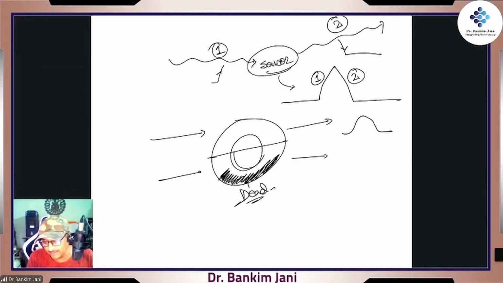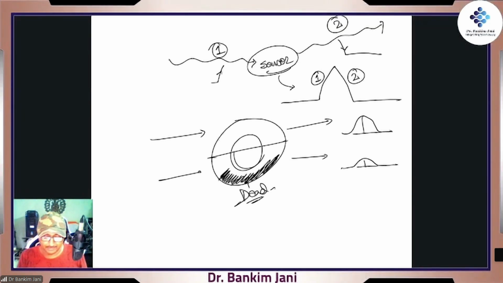So can we say it will be something like this? Because current is passing. Previously, the amplitude was this much, now the amplitude has decreased. So whenever there is dead tissue, it will make a weaker wave.